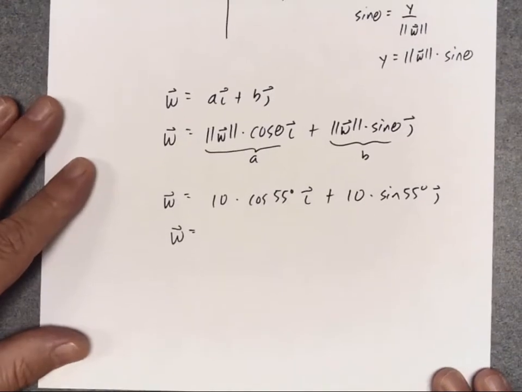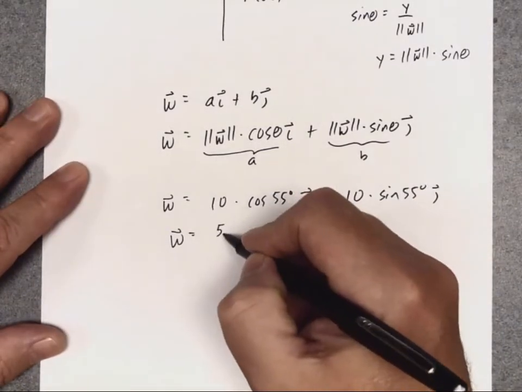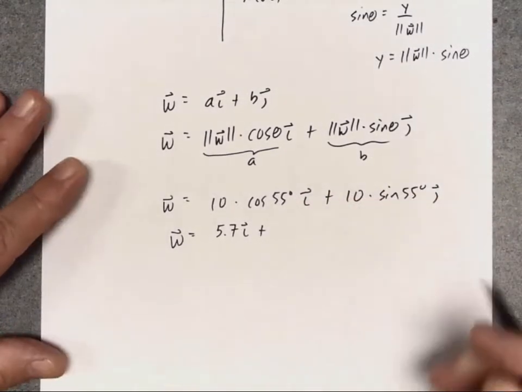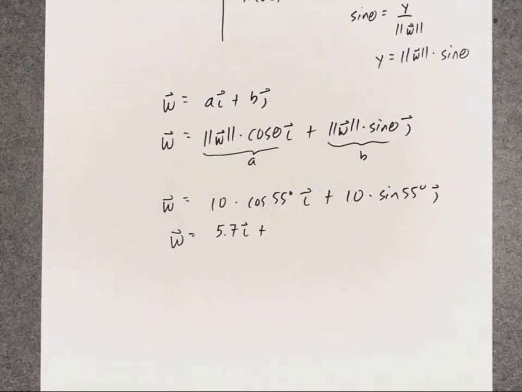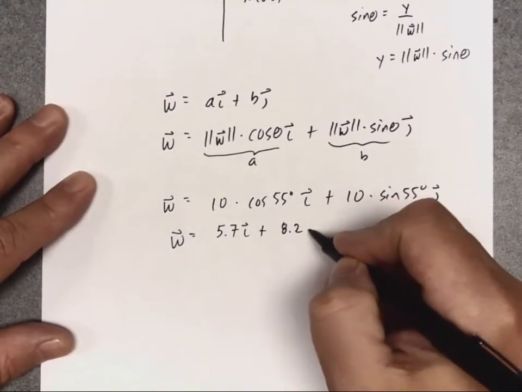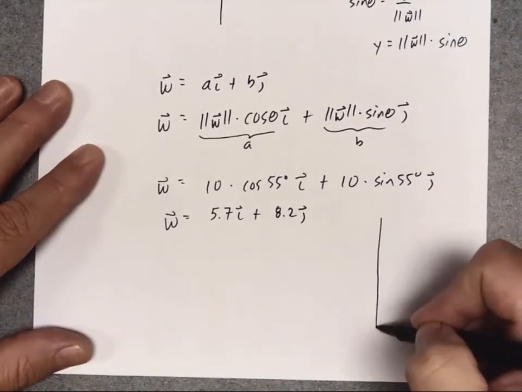You simply grab your calculator. 55 degrees cosine times 10 equals 5.7 i, plus 55 degrees, the sine of that, times 10 equals 8.2 j.